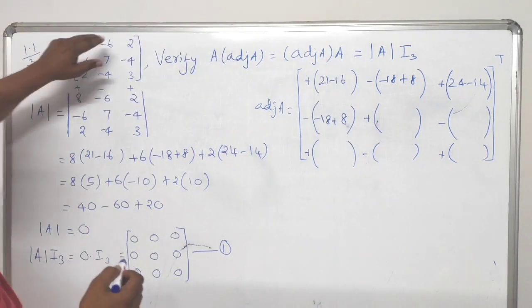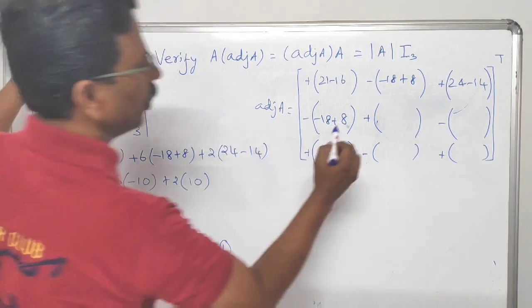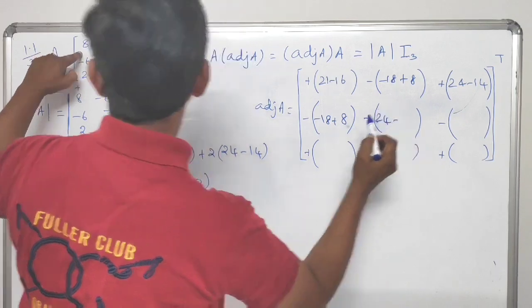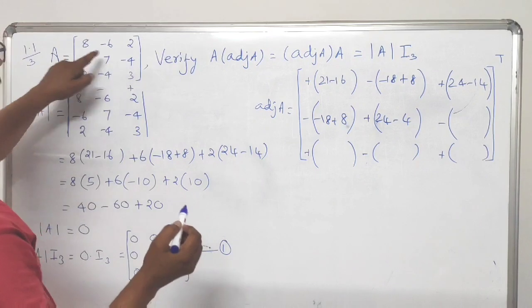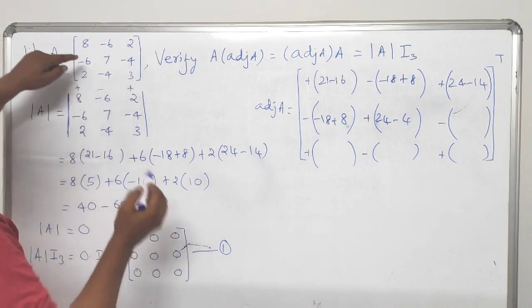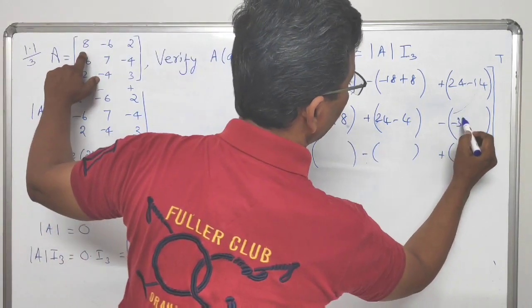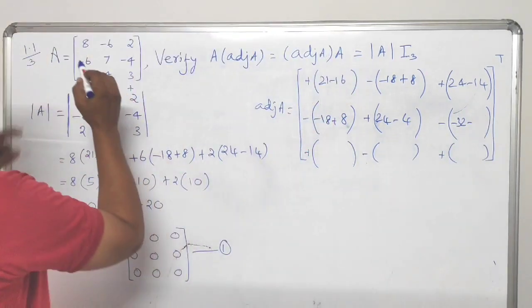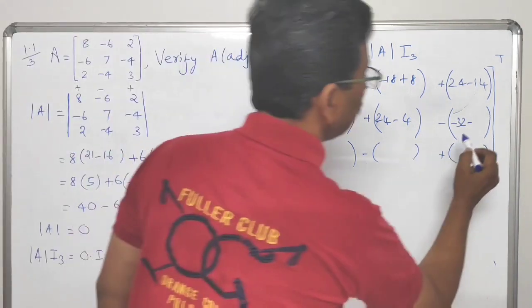For this element 7, leave second row, second column: 8 3s are 24, then minus 2 2s are 4. Then for this element, leave second row, third column: 8 into minus 4, minus 32, minus 2 into minus 6 equal to minus 12. Minus of minus 12 gives plus 12.